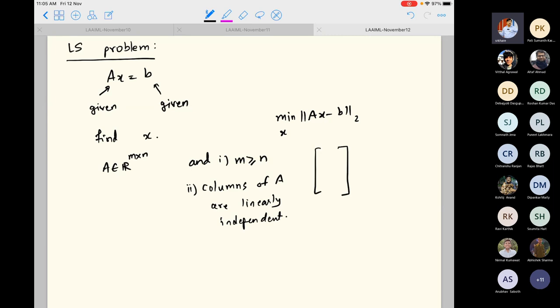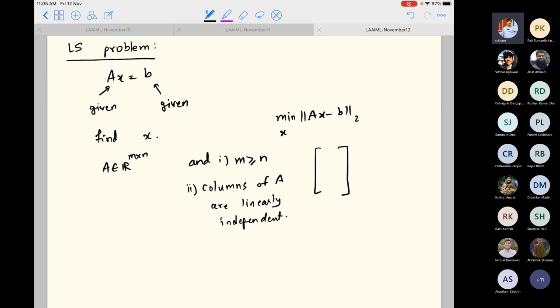When m is equal to n, you have a square invertible matrix, and then the least squares problem has exactly one solution. In fact, it is the exact solution to the problem Ax = b. And if m is strictly greater than n, then you have more rows than columns, and what we are looking at is the unique least squares solution.